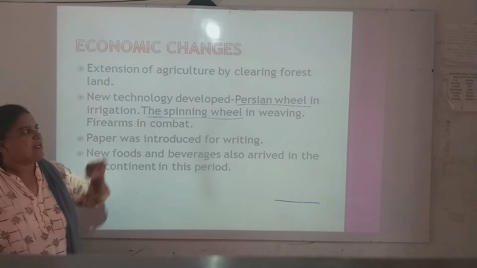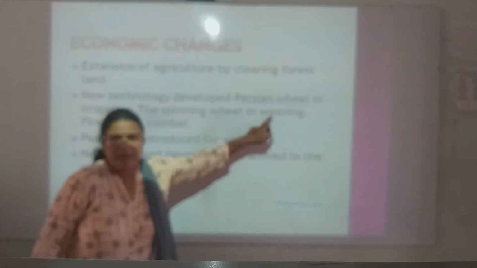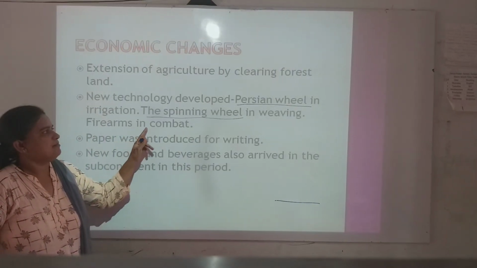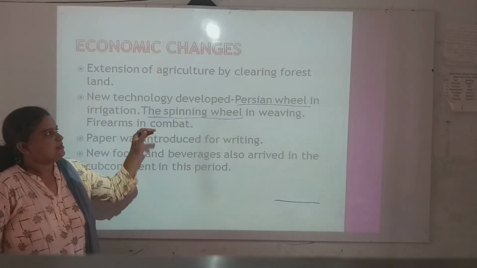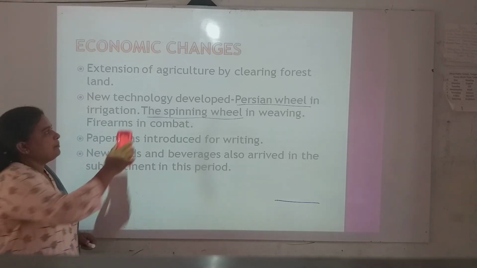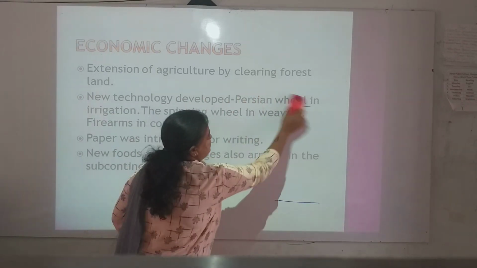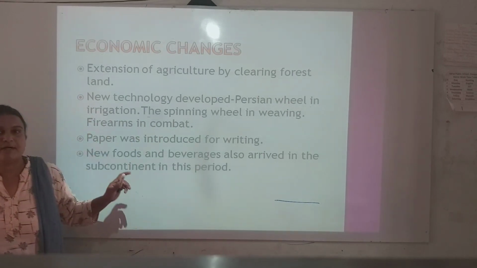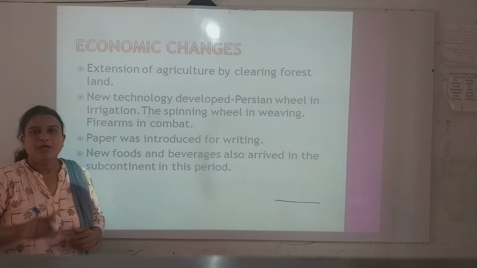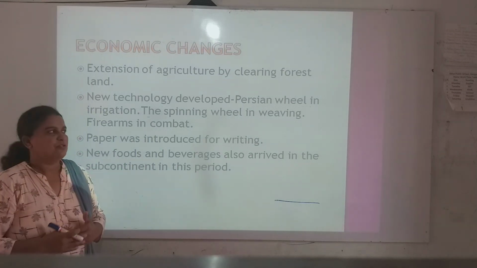Then the spinning wheel was used in the cloth weaving process, and firearms in combat. These new technologies were introduced during the medieval periods, and these changes made drastic changes in society.